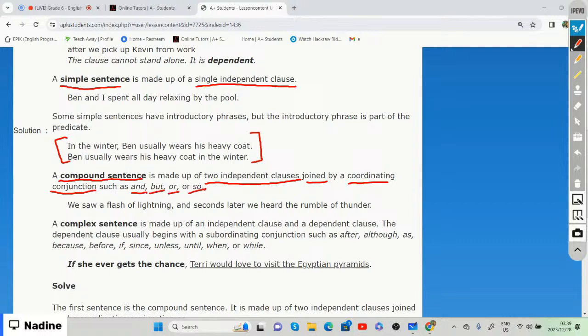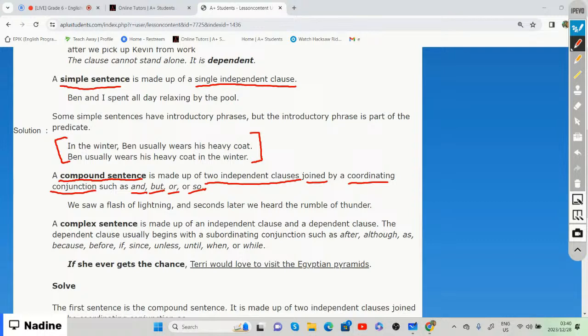That's a coordinating conjunction. And then we have subordinating conjunctions, right? Which are after, although, as, because, before, right? So you need to know the difference between a coordinating conjunction as well as a subordinating conjunction.